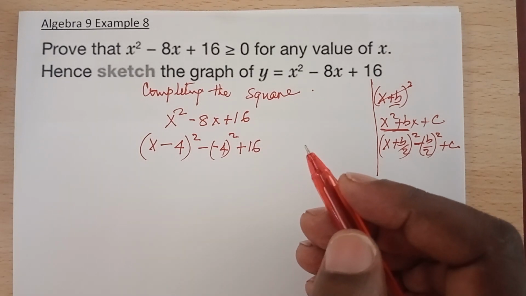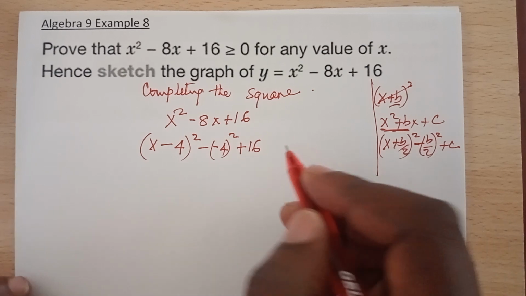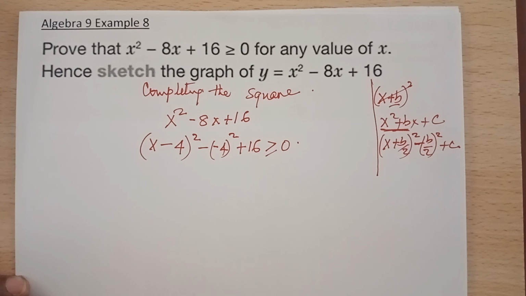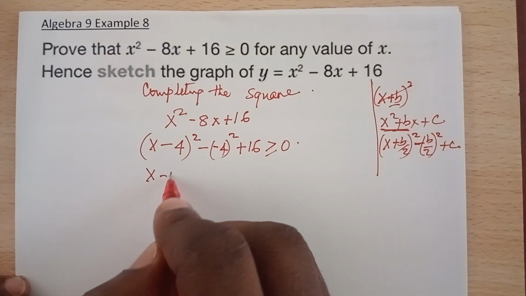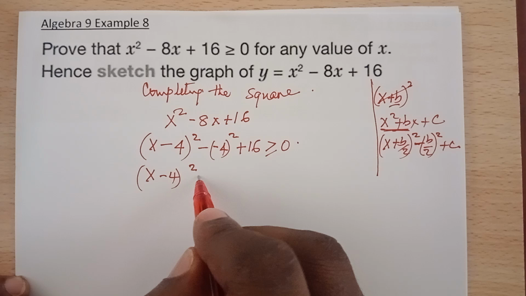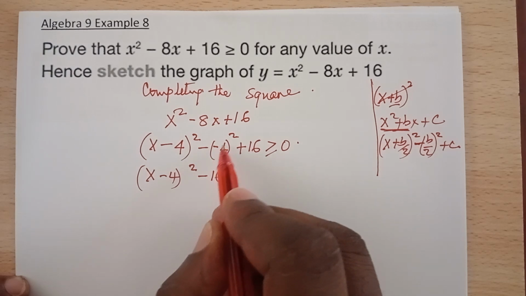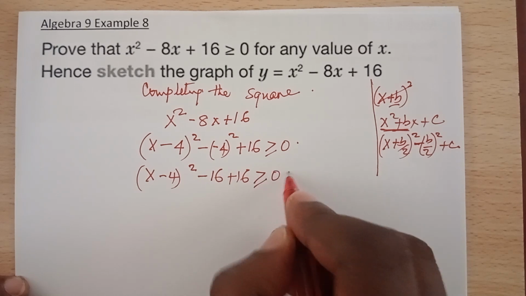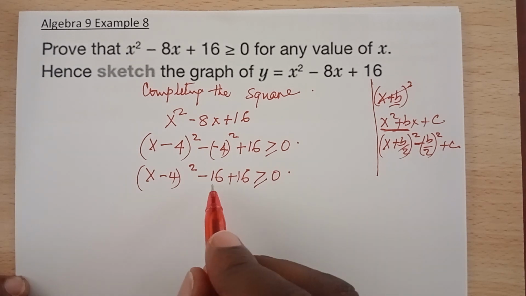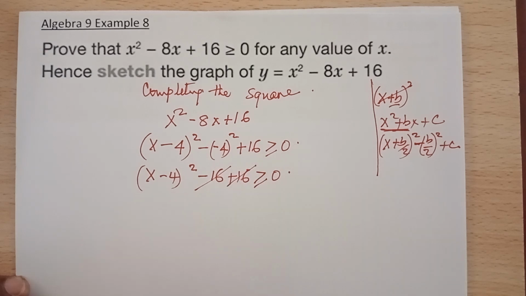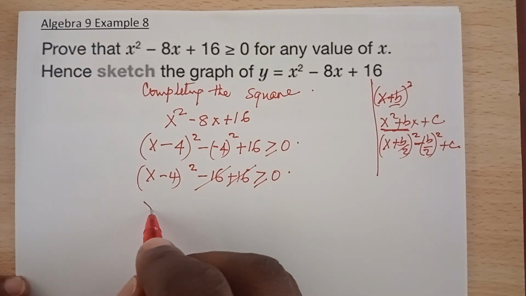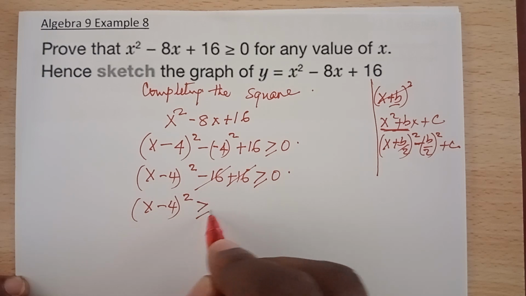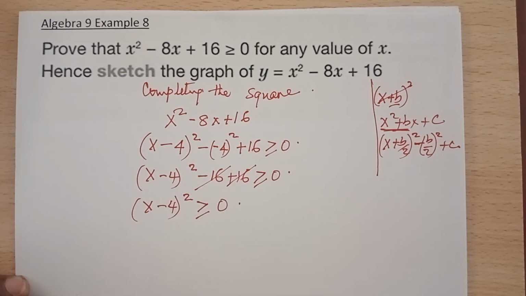This is going to be greater than or equal to 0, because that is the original statement. So we have x minus 4 squared minus 16 plus 16 is greater than or equal to 0. Minus 16 plus 16 is 0, so we are left with x minus 4 squared is greater than or equal to 0. That is what we have.